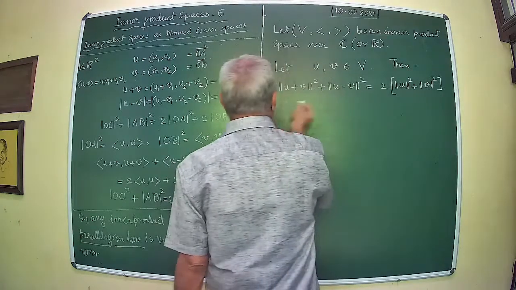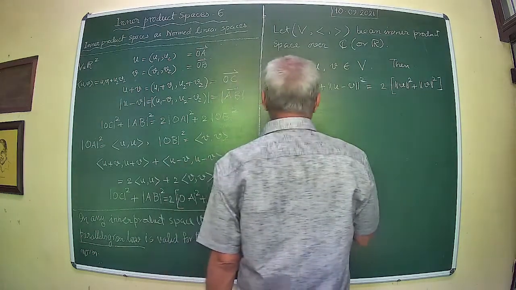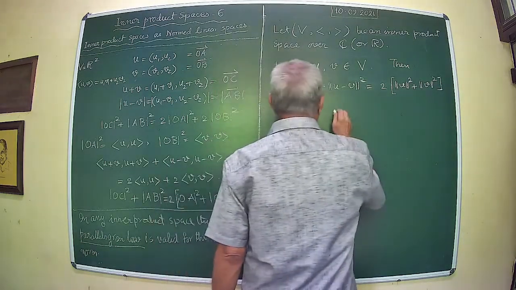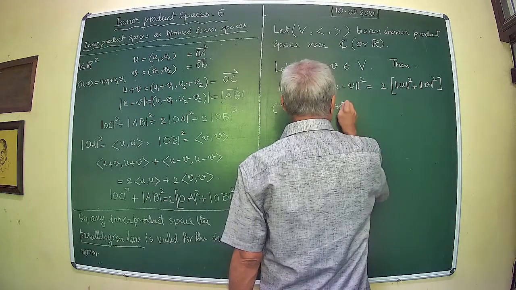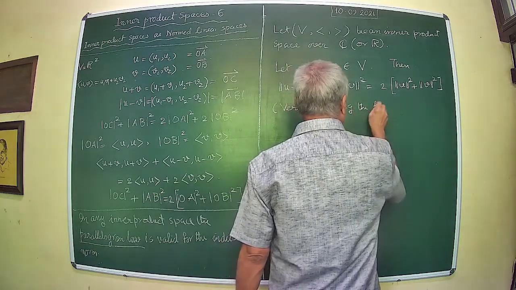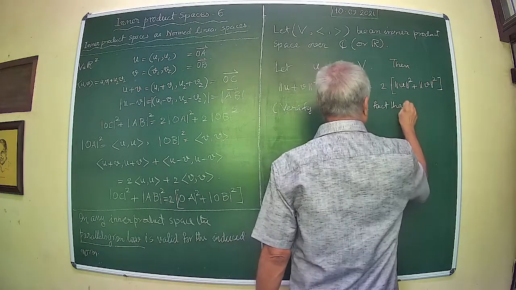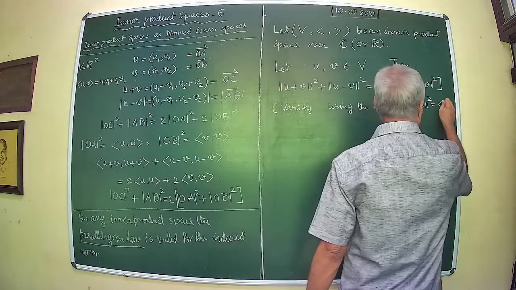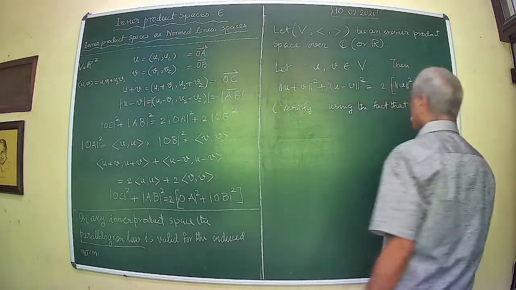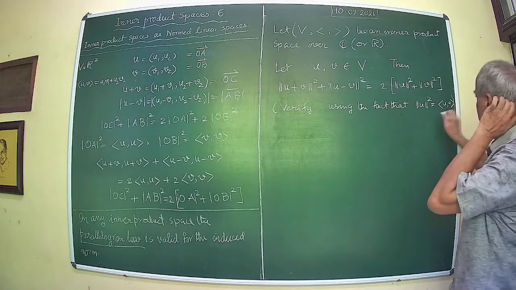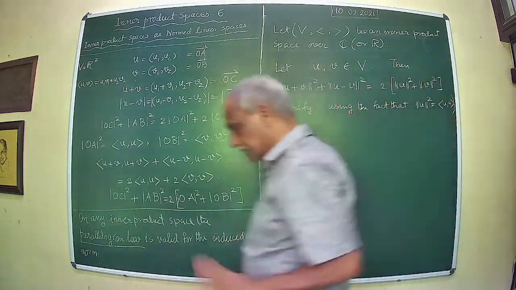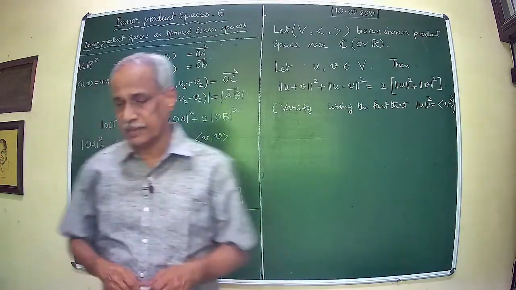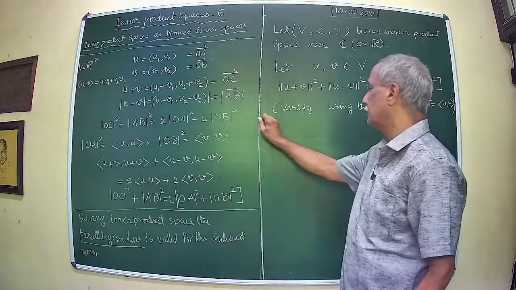The proof is, of course, trivial. That is the relationship between norm of u and the inner product, and then you can easily verify this.